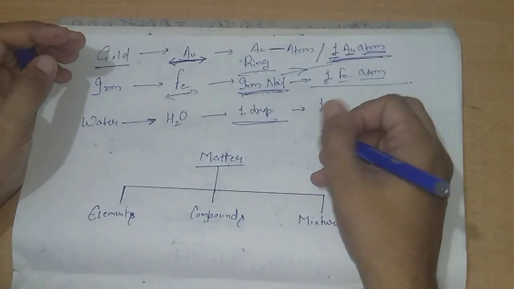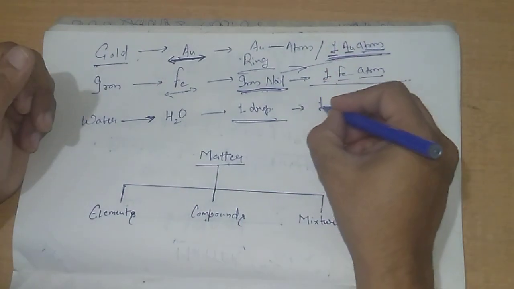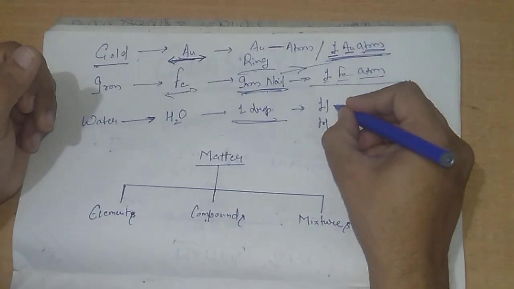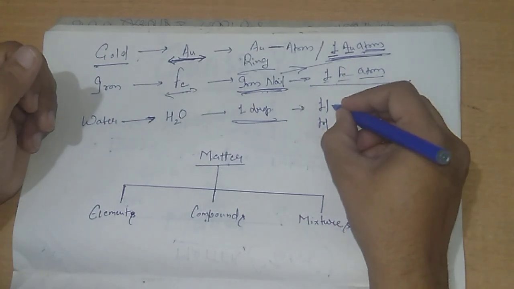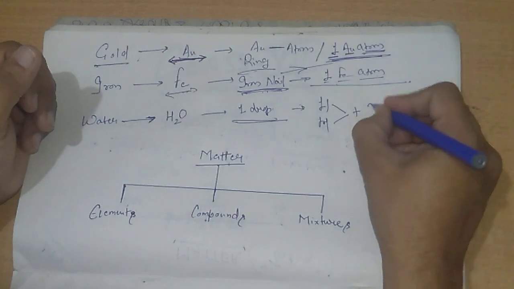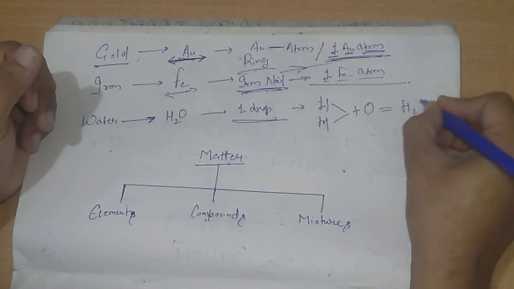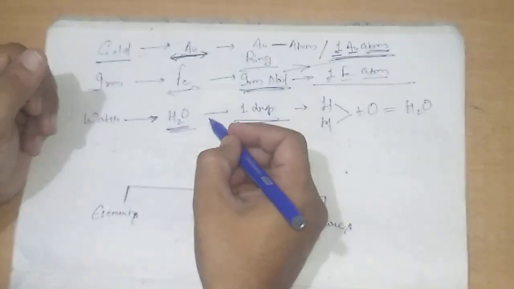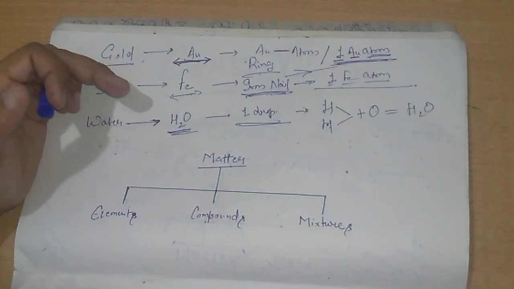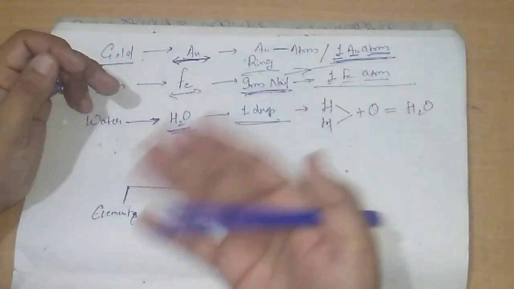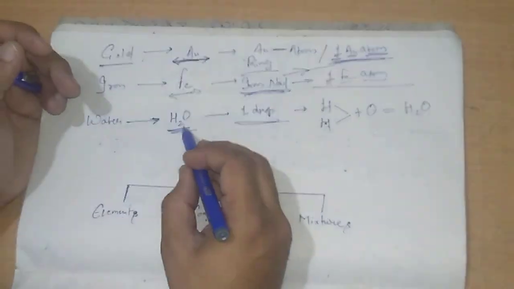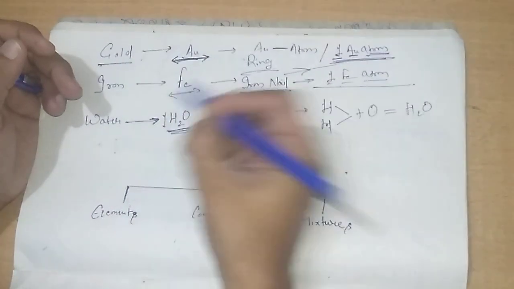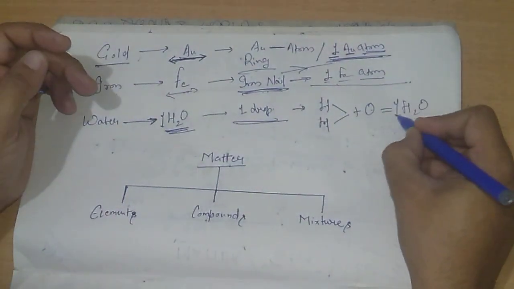Water is a combination of two substances, that is hydrogen and oxygen: two atoms of hydrogen plus one atom of oxygen will give you H2O. As we know, the molecular formula or chemical representation of a water molecule is H2O. So when we say one molecule, this forms one molecule.